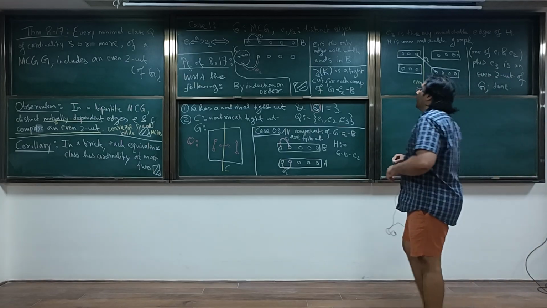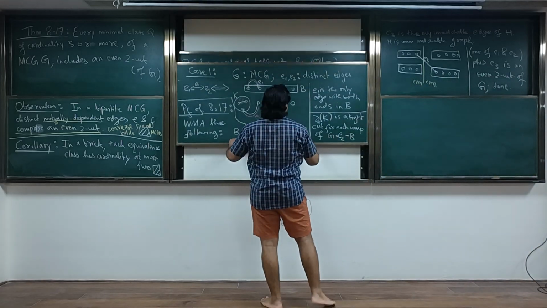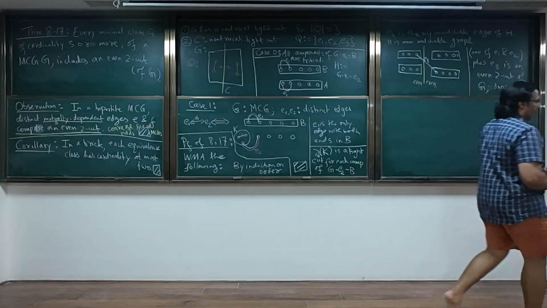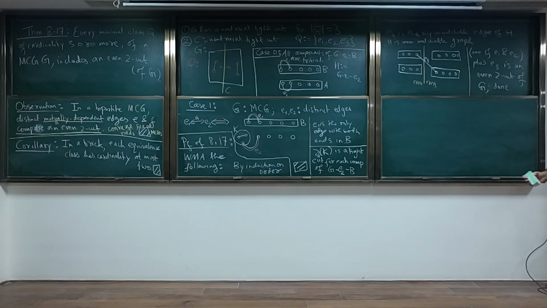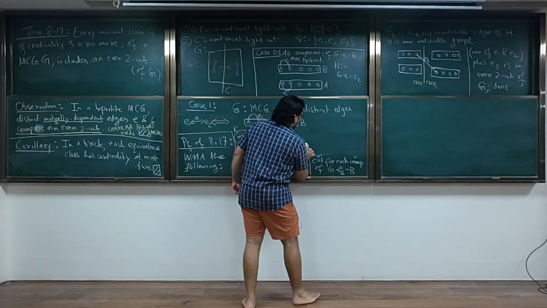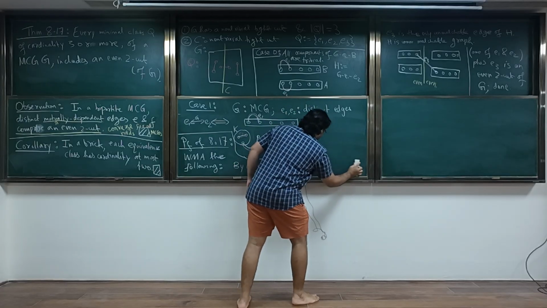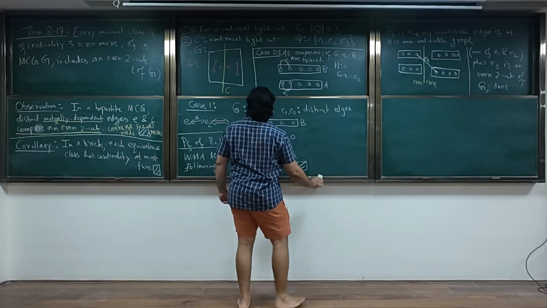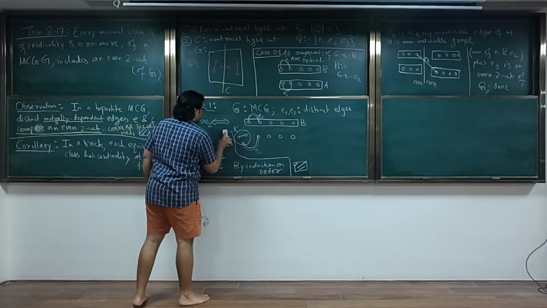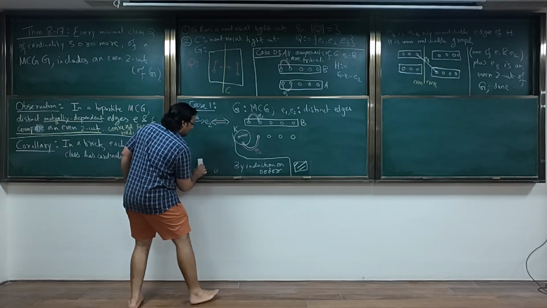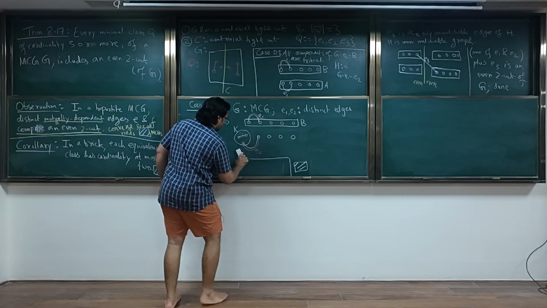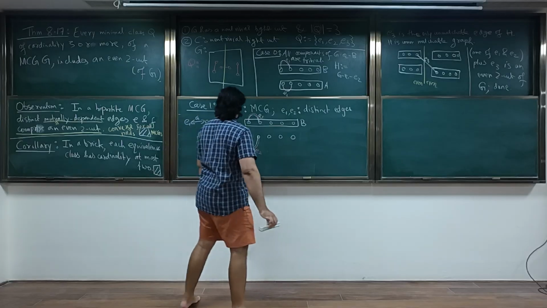So, maybe I should, I will erase some of these things. I think you all already know this, so I don't need all of this content here. In fact, let me also erase this.